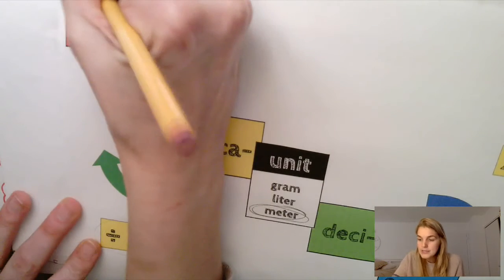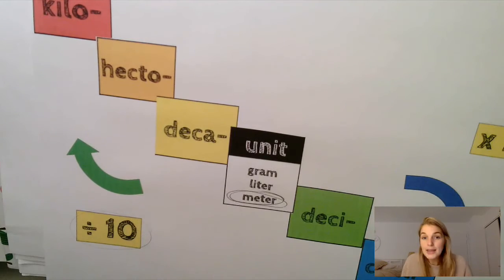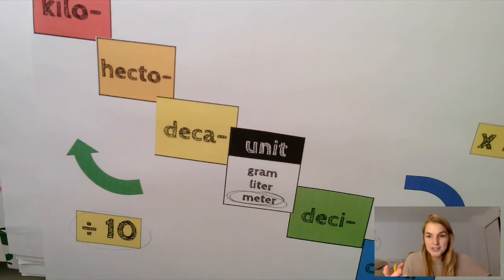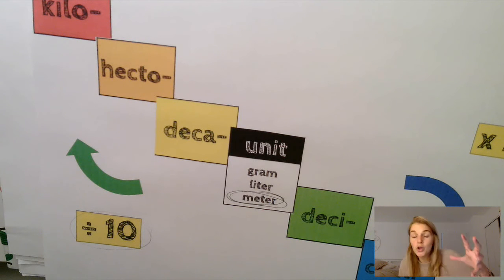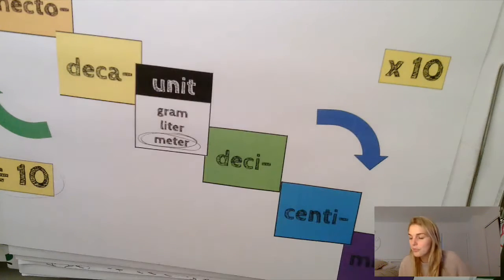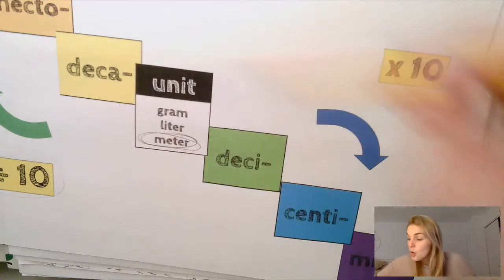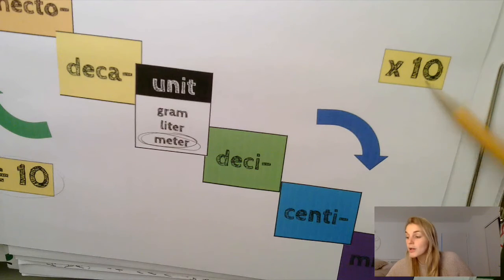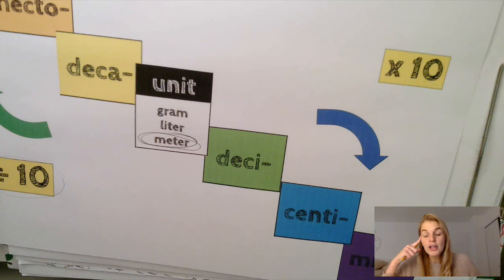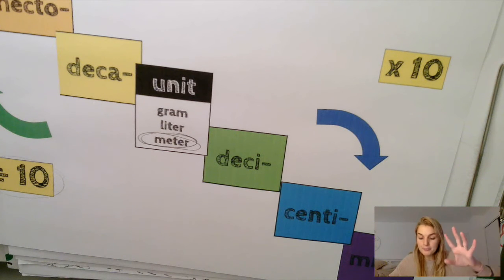The reason is you are going from a small unit to a large unit, and that's exactly what we talked about in the first system. If you go from a small unit to a large unit, you have to divide. When you go down this scale, you are going to be multiplying, which might seem weird, but if you think about it, you're going from a large unit to a small unit, so that means it's going to get a lot bigger.